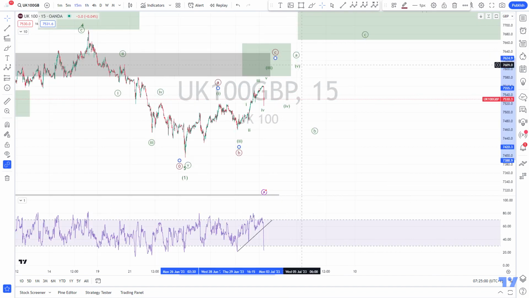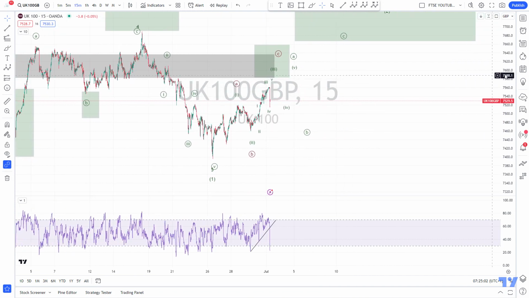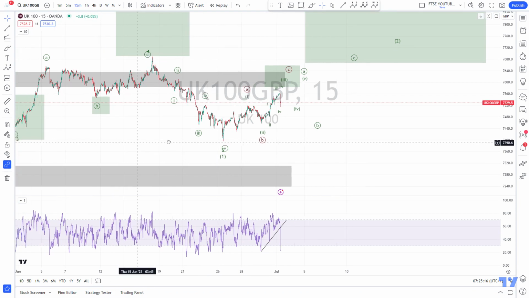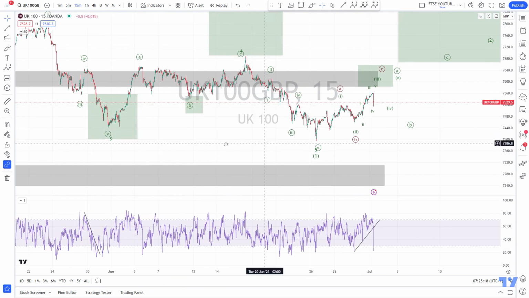However, we are in a bit of a difficult situation because our wave 1 here is not so clear. I gave you two bearish scenarios in the 4 hour: that the wave 1 is completed here or that the wave 1 is completed here.